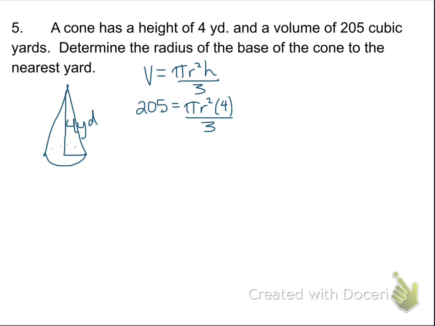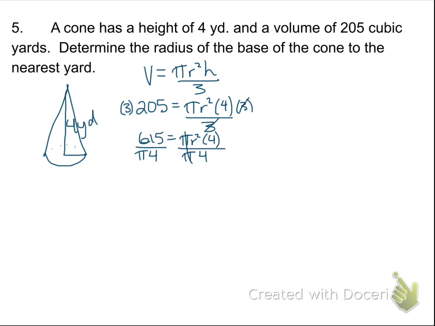So now we just have to do the algebra to work backwards. So the first thing we want to get rid of is the dividing by 3. Well, the opposite of dividing is multiplying. We have to do the same on both sides. So 3 divided by 3 is 1, so that cancels out. So we get 615 is pi r squared times 4. So our next step to get the r all by itself is to divide out the pi and the 4. And again, same thing on both sides to keep it equal.